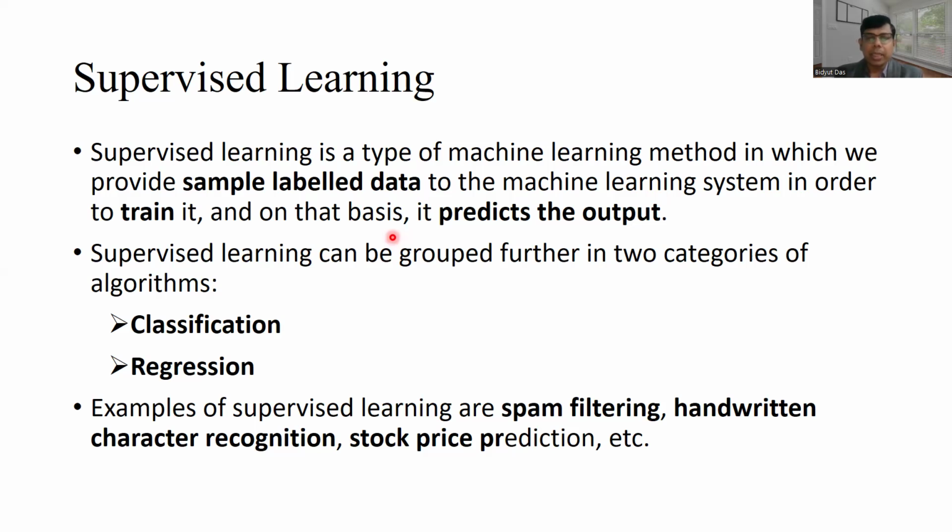Based on this training data, the model is trained first and then predicts new data that is unknown. Supervised machine learning is also categorized into two types: classification and regression. Some examples of supervised machine learning are spam filtering, handwritten character recognition, stock prediction, etc.